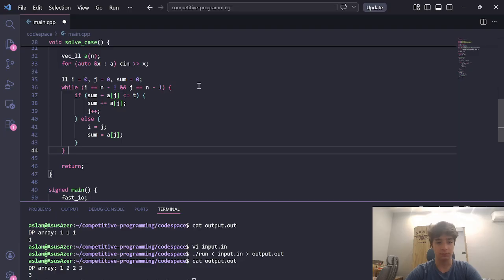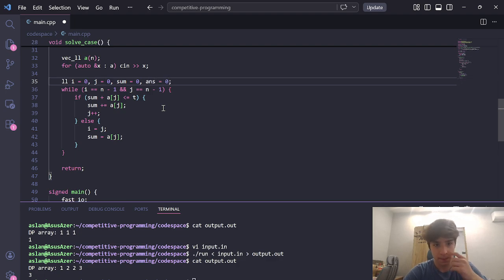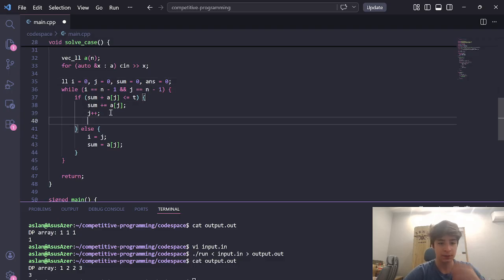Oh wait. Okay, so now it's good, but what about counting? That's pretty strange, so how will I have to count this? So let's take the variable answer, and do answer plus plus, yep.